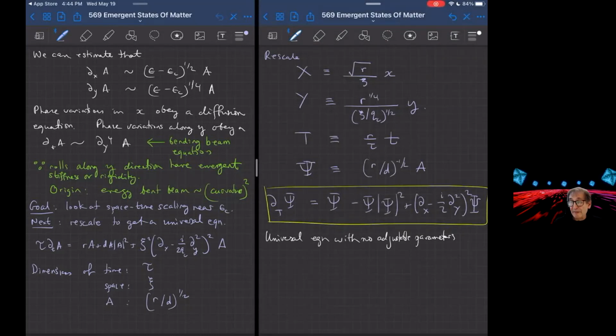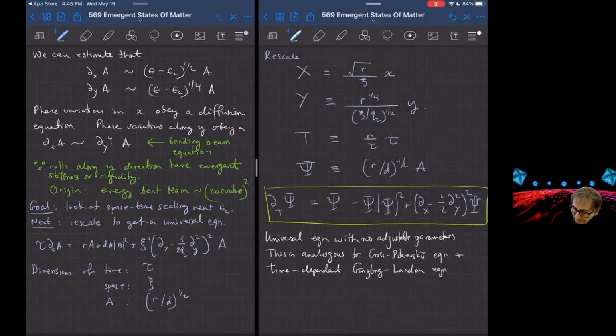So apart from the anisotropy, this looks just like the Gross-Pitaevskii equation, except that has an i in it from quantum mechanics, or it looks like the equation you get near a critical point for a superconductor.